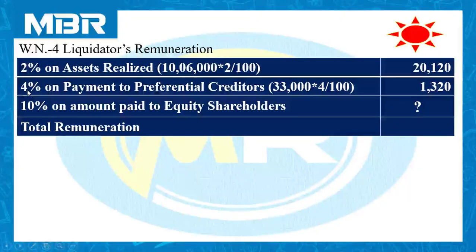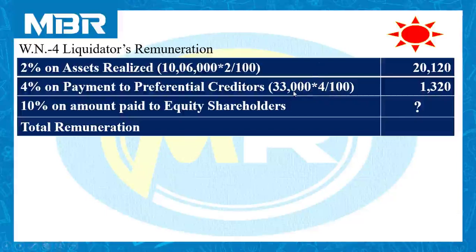Second, 4% on payment to preferential creditors. As per our calculation, preferential creditors are rupees 33,000, and on these 33,000 we have to pay 4% to the liquidator as his remuneration.